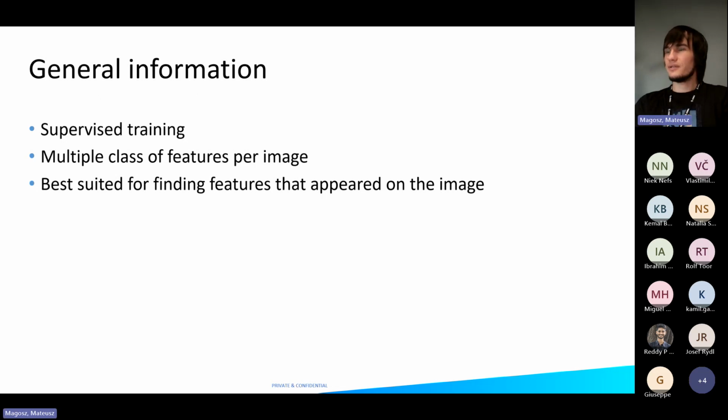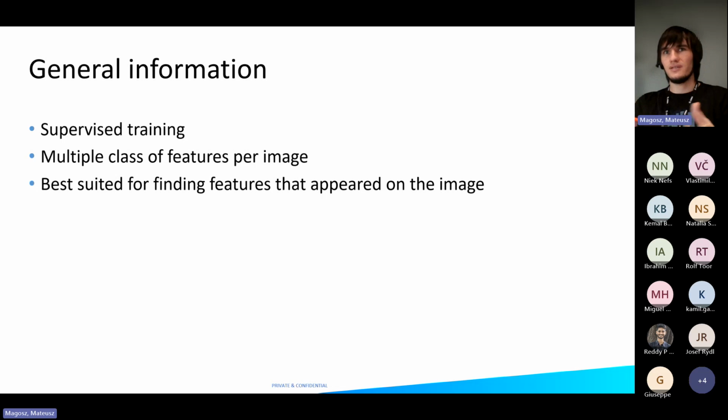The second point is we can have multiple classes of features. In anomaly detection, you only had one classification, good or not good. Here you can have a stalk of a plant, petals, leaves, a background as a class.